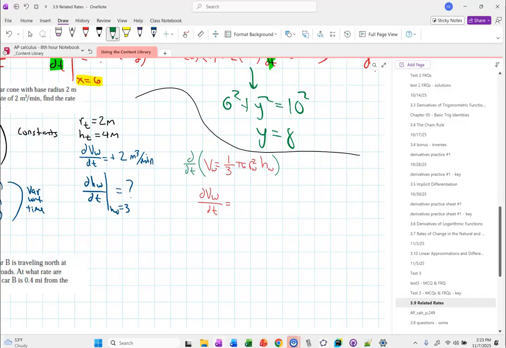Do you see where the product rule is coming from? Yeah, two variables multiplied together, right? RW, HW, product rule. So we're going to have pi over 3 RW squared times the derivative with respect to time of HW plus pi over 3 HW times the derivative with respect to time of RW squared.